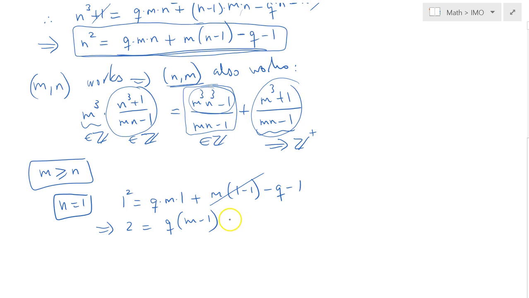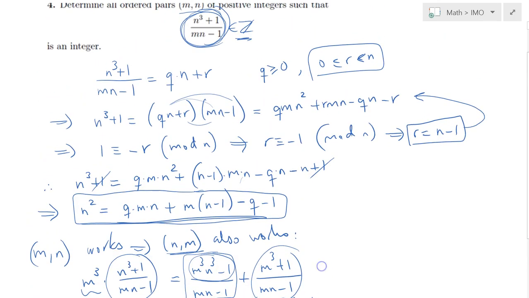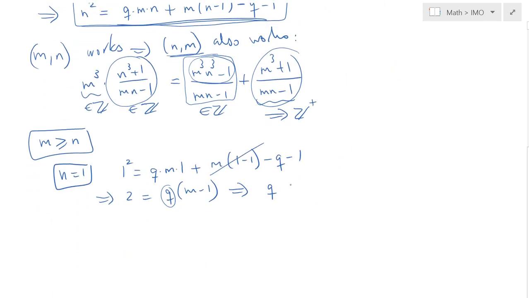That would further imply that q, which is the quotient in our division algorithm, an integer obviously, is equal to 2 over m minus 1. So from here we realize that m can only take the values 2 or 3, and in both cases we have a different value for n.